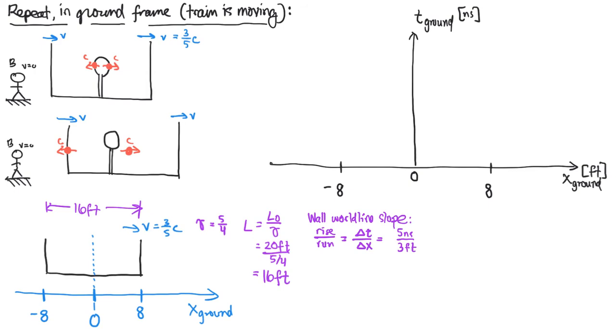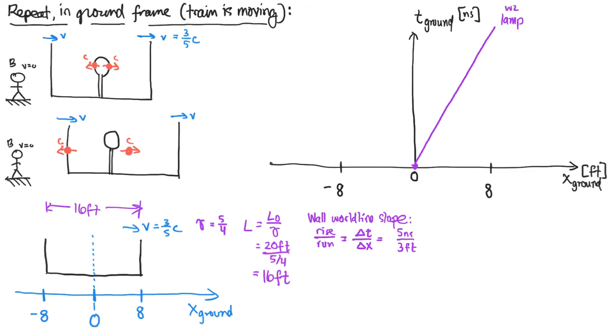So let's start with the lamp, okay? The lamp starts at 0, 0, and it's got a slope of a rise of 5 and a run of 3. So it's going to look something like this. Okay. And so this is the world line of the lamp.